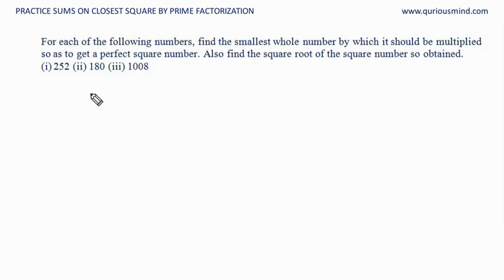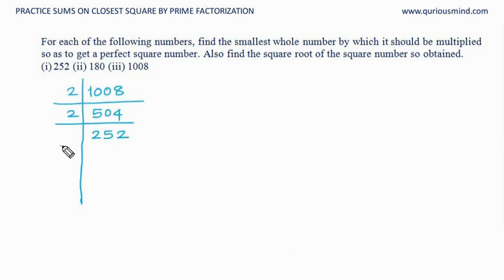Similarly, first find the factors of 1008. 2 is a factor because it's an even number. Now 2 is not a factor, so let's see 3 is a factor. Yes, it is. We'll use 3.